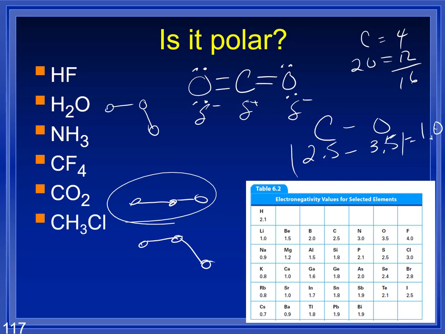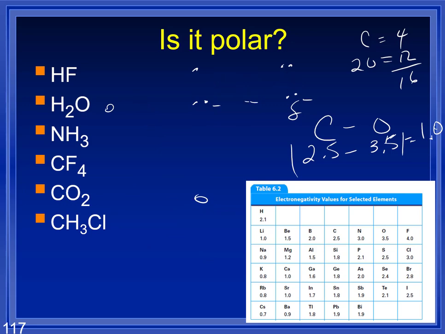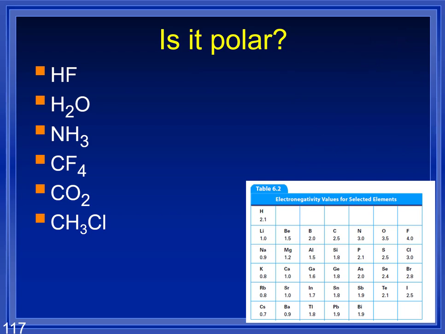Hey, this does something different. CH3Cl. Would that be polar? Well, carbon with its 4 dots, I can hook on the 3 hydrogens with their 1 dot.